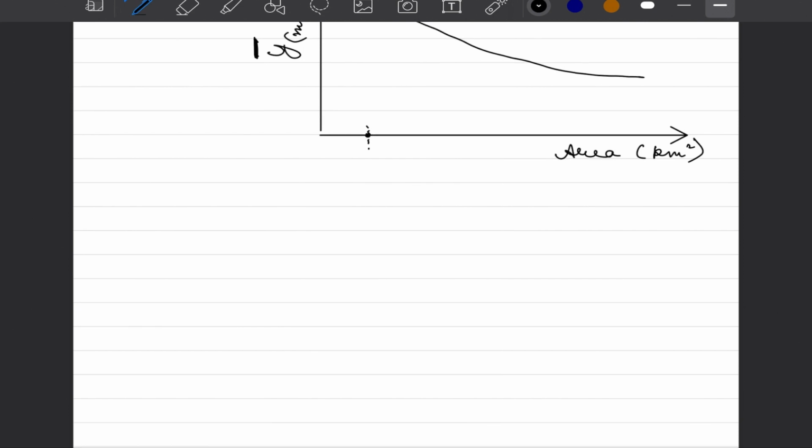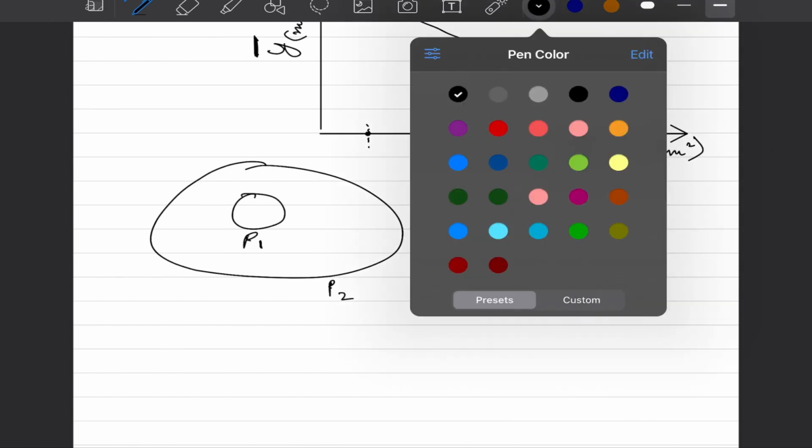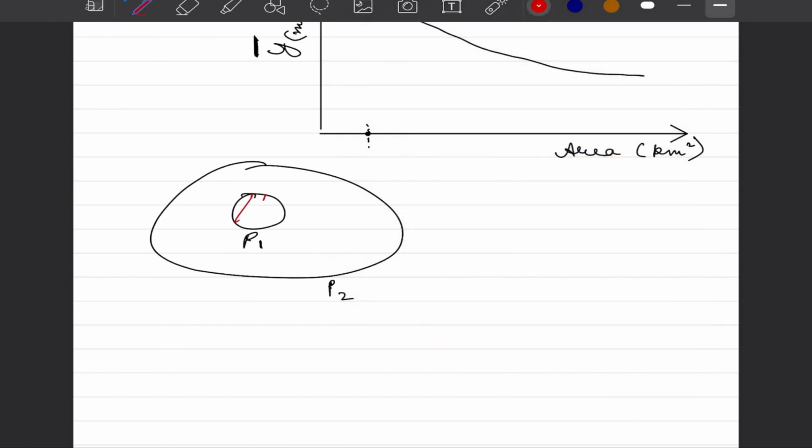Now, if we look into this example, let us say that we have two contours. This represents the precipitation P1, and this represents precipitation P2. If we have to calculate, using these isohyets, the total amount of precipitation that has fallen over the area, we will find this red area, and we will also find this total blue area.